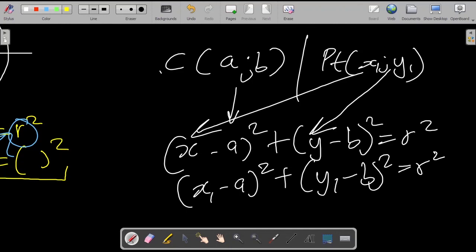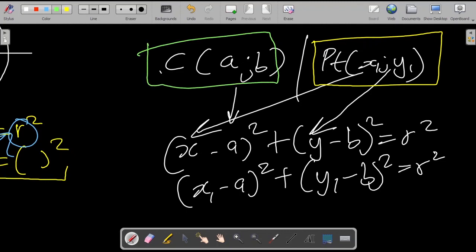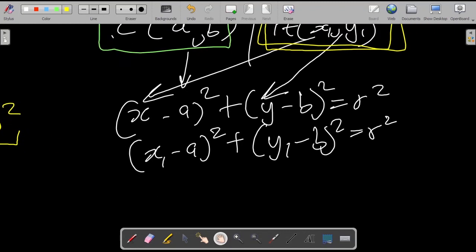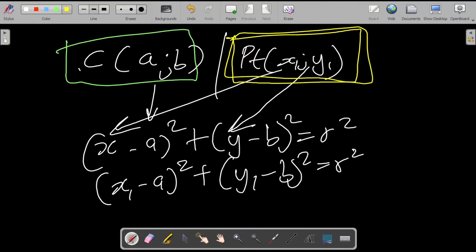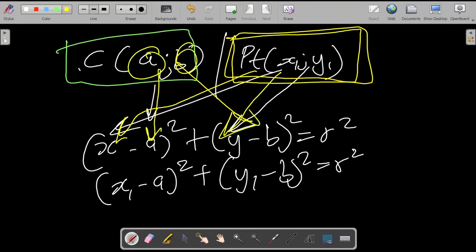So not just any circle can pass through this point. Any circle can have this center, but not just any circle can pass through this point. To make sure that this circle actually passes through the specified point, you'd substitute that point into the x and the y. Then you'd substitute your center into the a and the b. Then that would give you a value for your r.